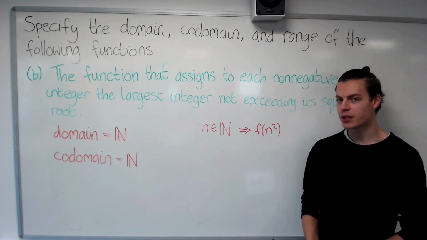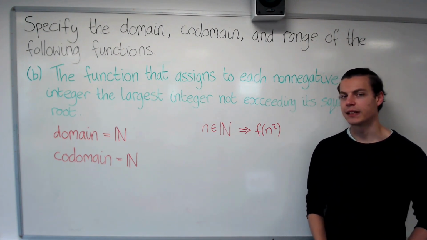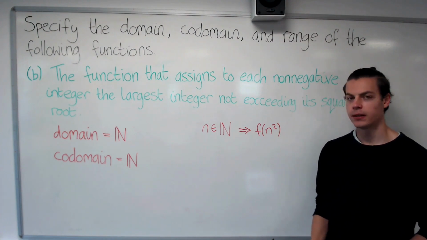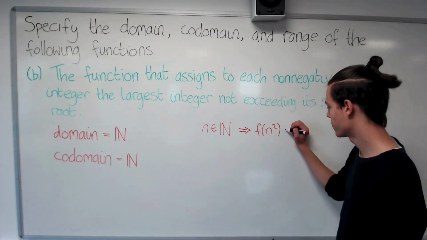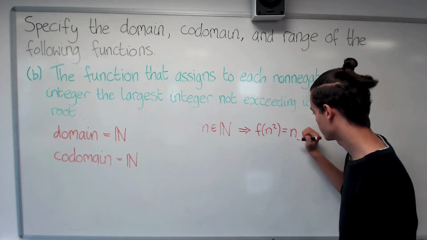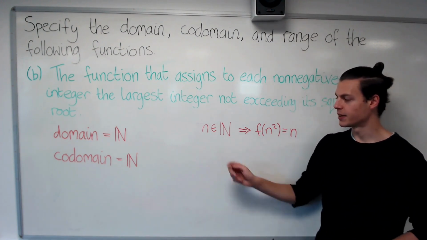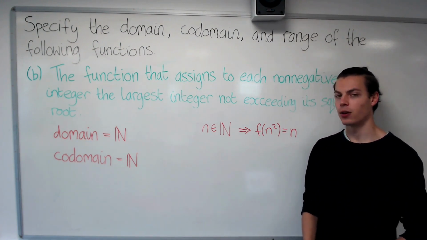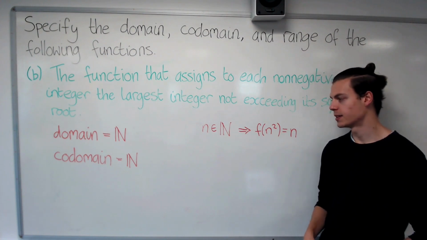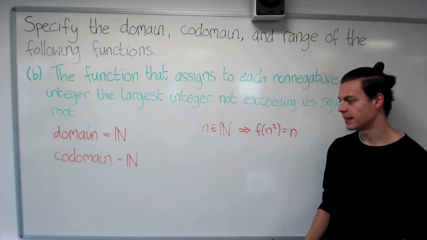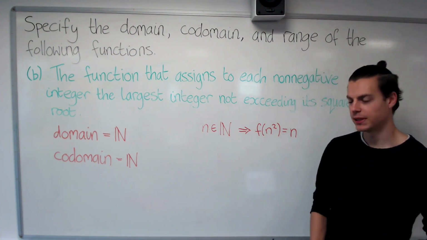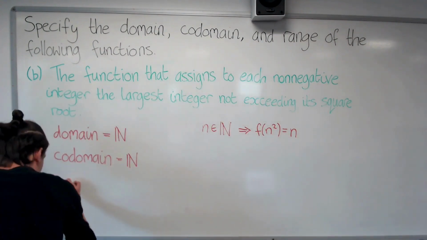In other words, the largest integer not exceeding n. So n. Since n is an arbitrary non-negative integer, this shows that the range of this function is indeed the natural numbers.